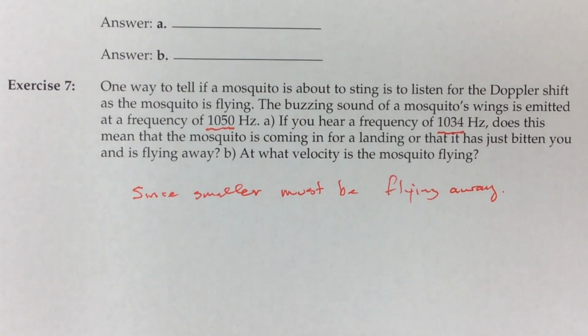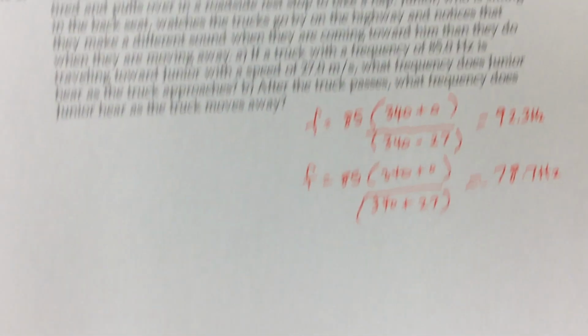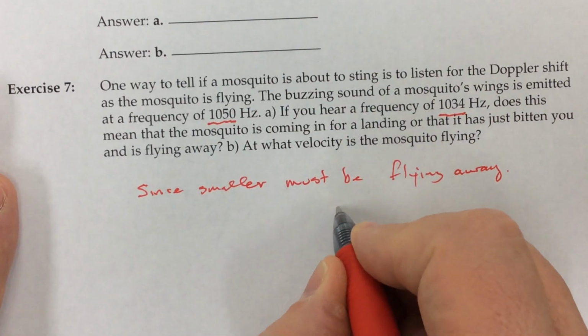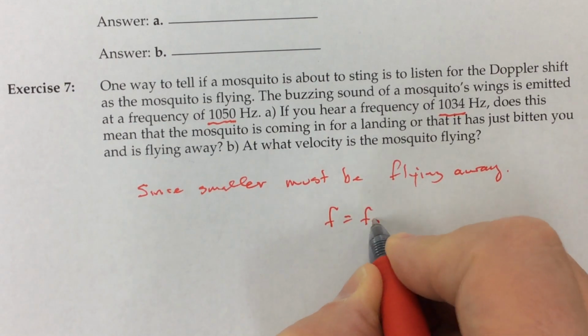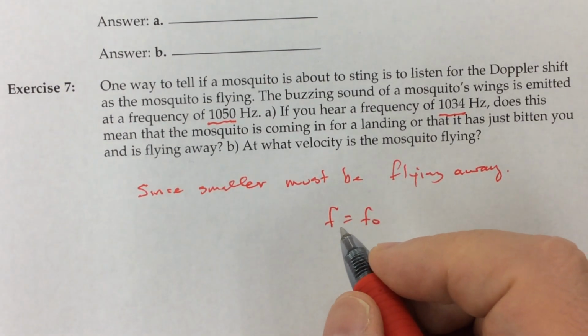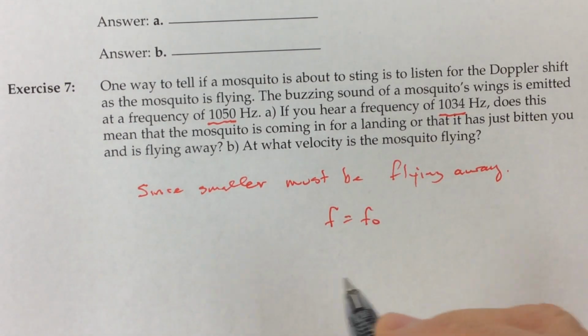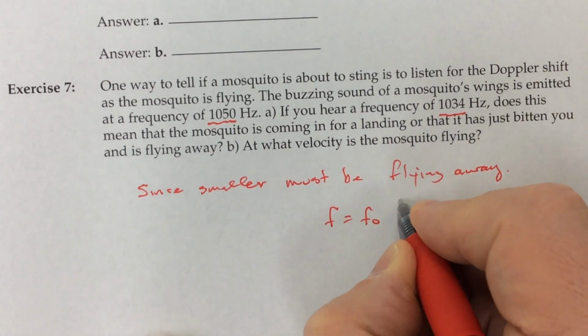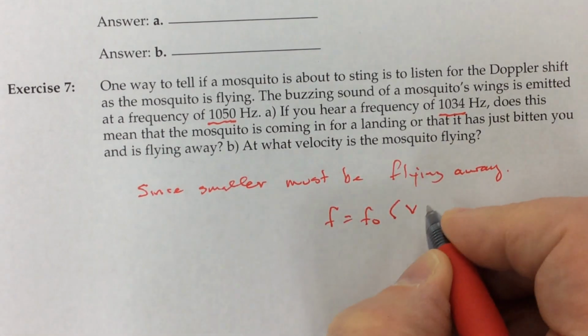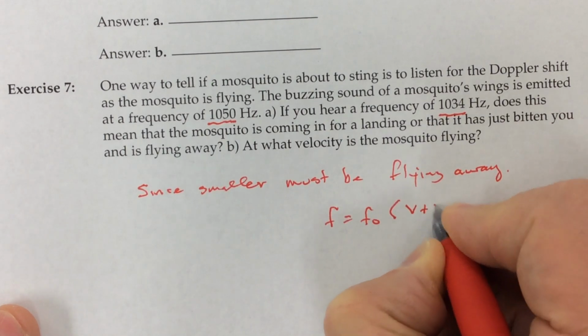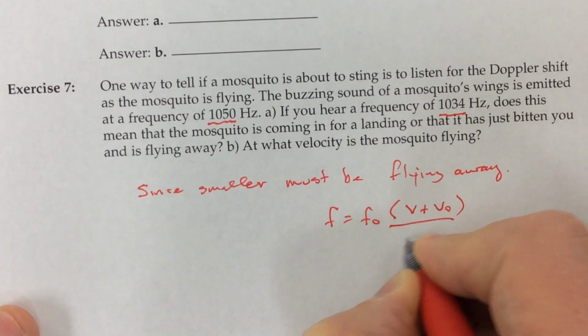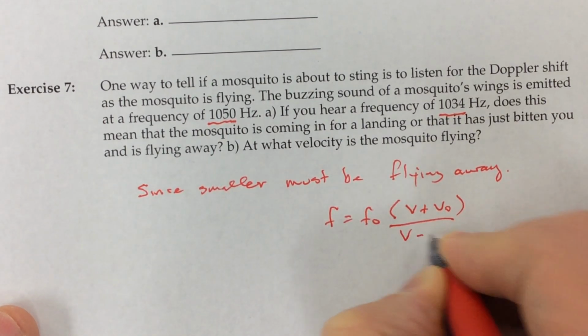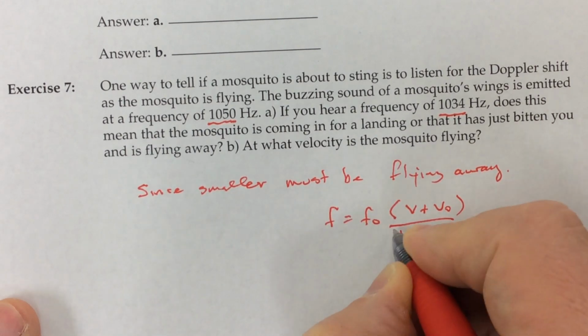Now here is a little bit harder. If you remember, let me rewrite the frequency problem. F equals F sub 0, which is your original, times the speed of sound plus the velocity of the observer over the speed of sound minus the velocity of the source.